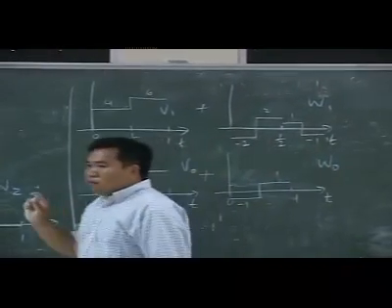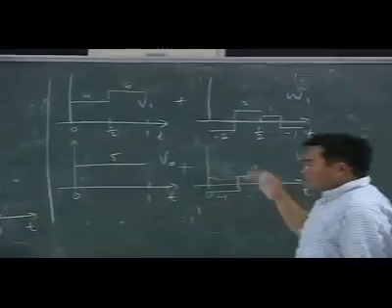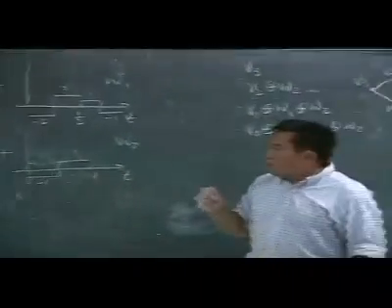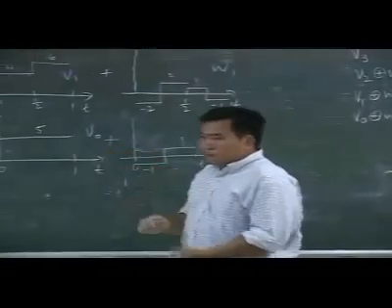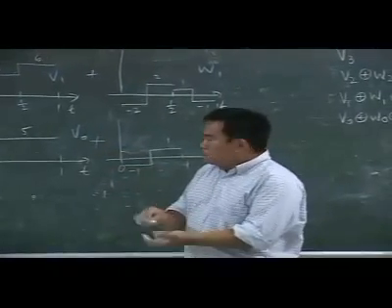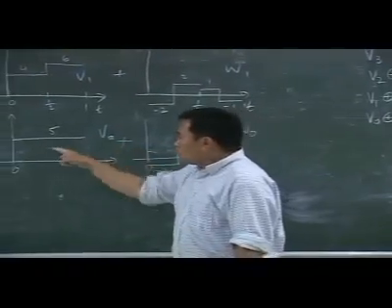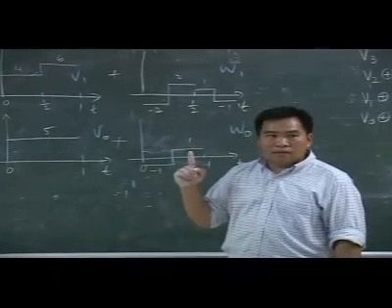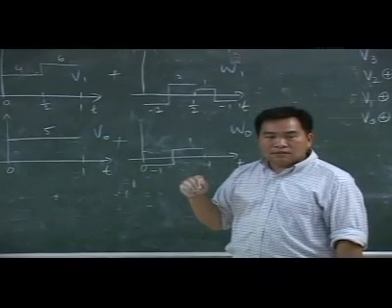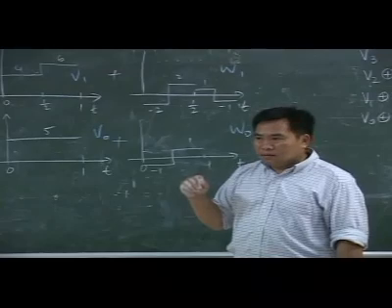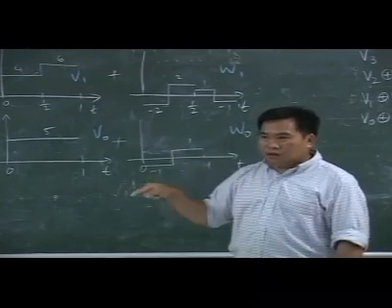Let's look at the basis function for this space. What is the basis function for V0? How do you represent all signals that are piecewise constant with unit interval? Just 1 and 0, right?